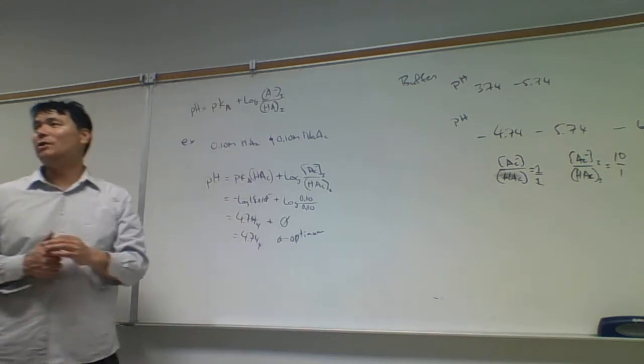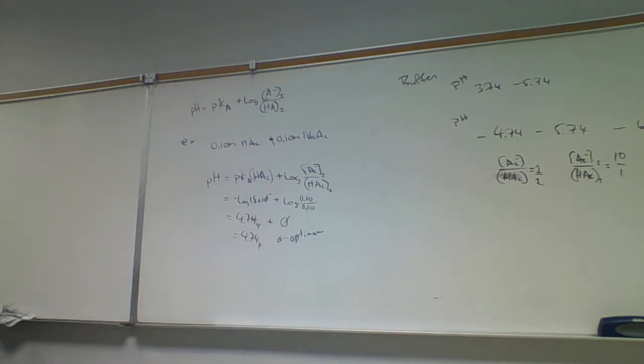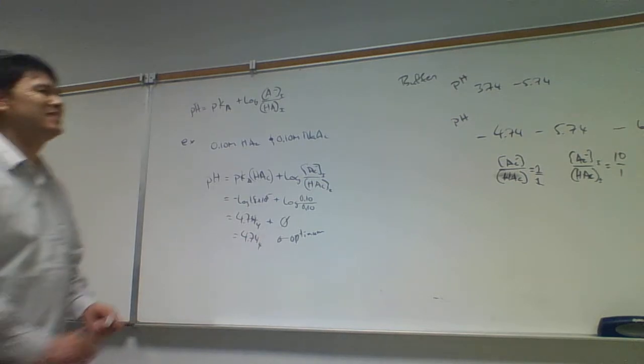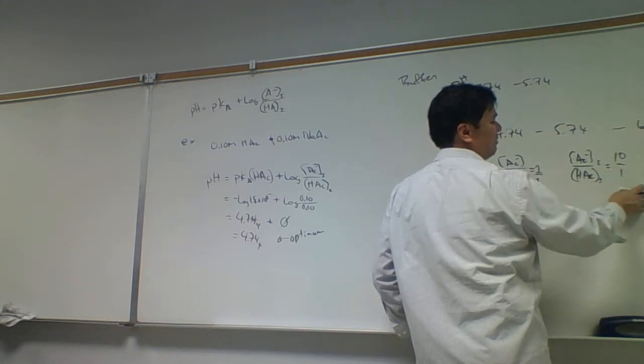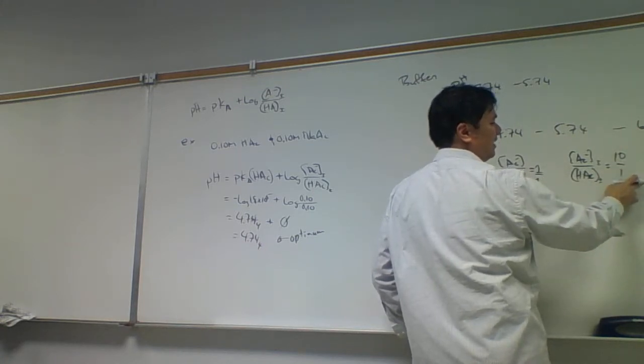Is 0.001 a pretty significant quantity? Acetic acid, 0.001 molar or 1 millimolar? No. And so this ratio is heavily biased in base and barely any acid.